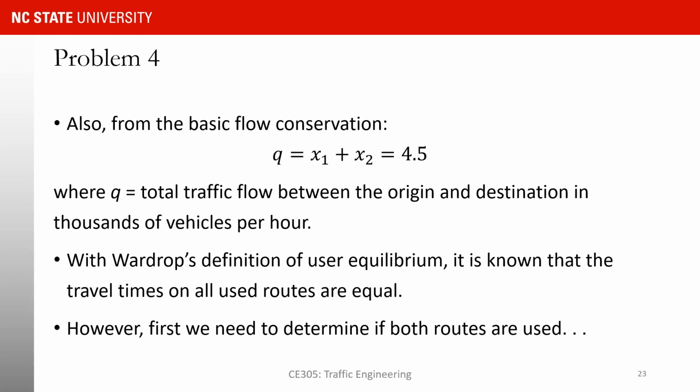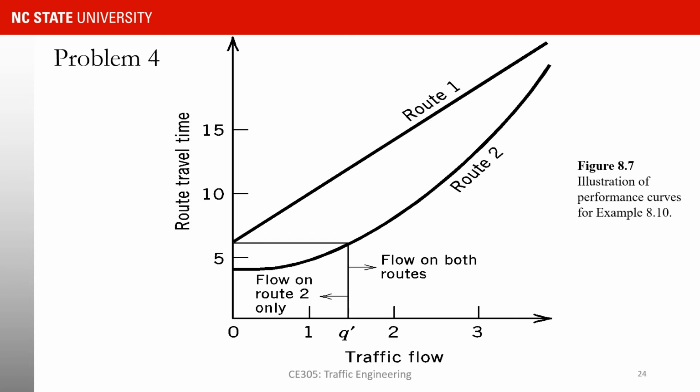Now we need to make sure whether both routes are used or not, and I'm going to do that on the next slide. So here I have drawn link performance functions for route 1 and 2. So you can see that if the volume is more than Q prime, and Q prime is shown here, both routes are going to be used. Our flow is 4.5, so it's definitely more than Q prime.